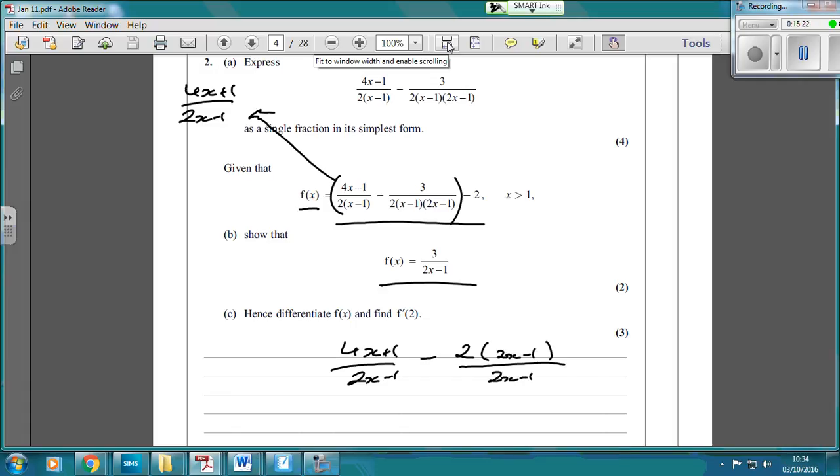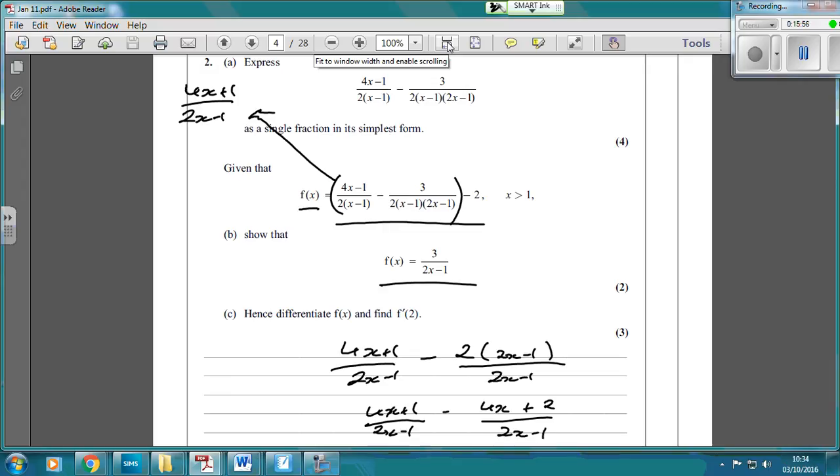And also doing this, hopefully, will show that we've got a correct answer. So we've got 4x plus 1 over 2x minus 1 minus 4x plus 2 over 2x minus 1.